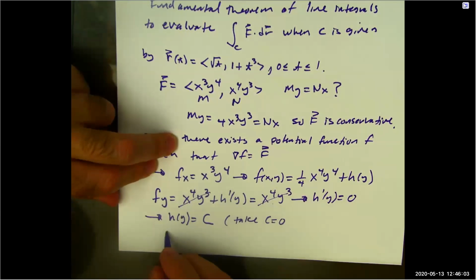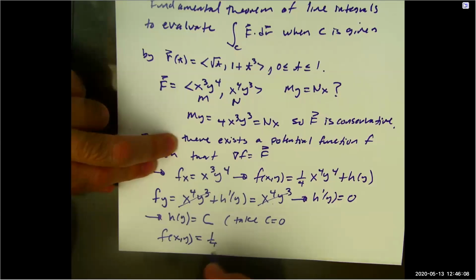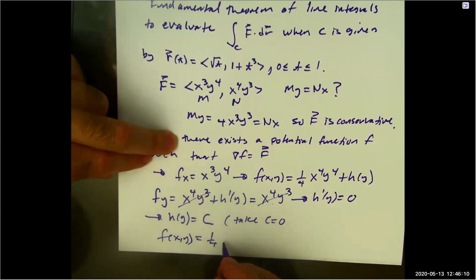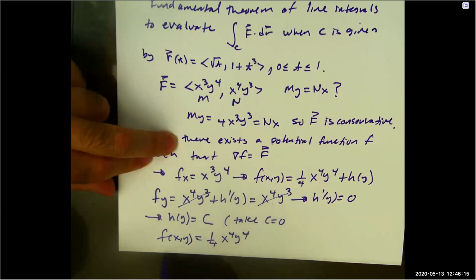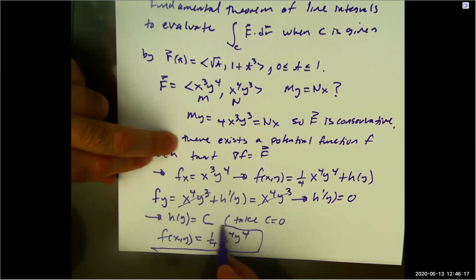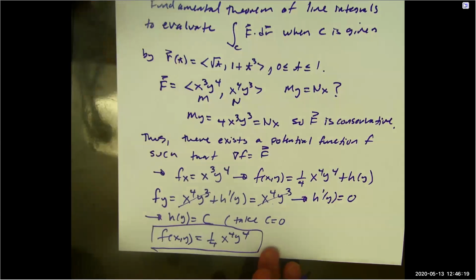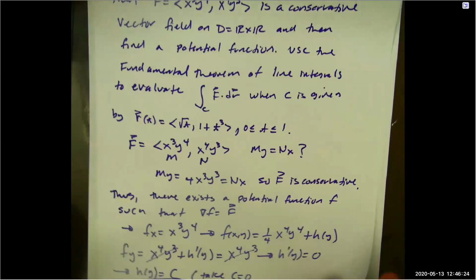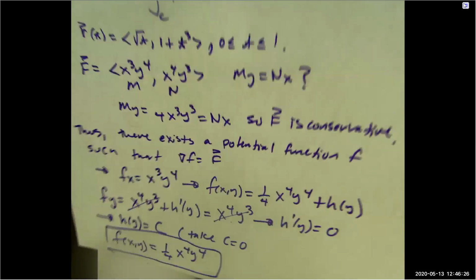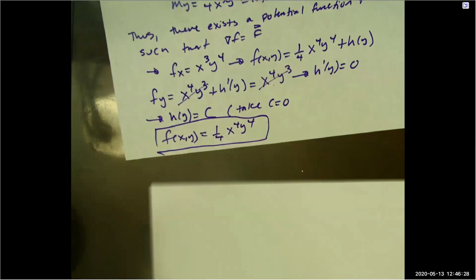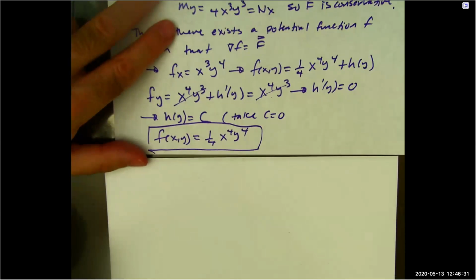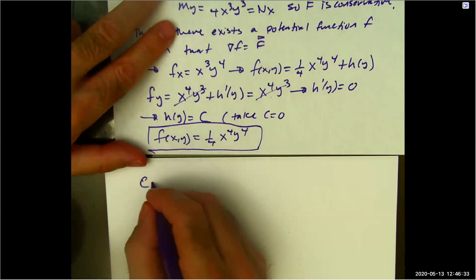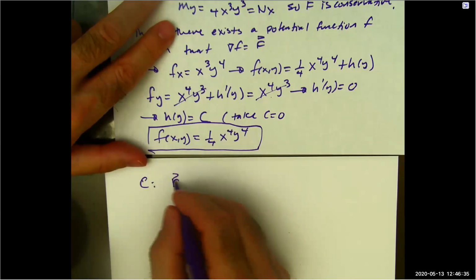And so what that means is that my potential function is equal to 1/4 x to the 4th y to the 4th. All right, so now that we have our potential function, now we can evaluate the problem pretty easily with the fundamental theorem. So we know that our curve is given by r of t.